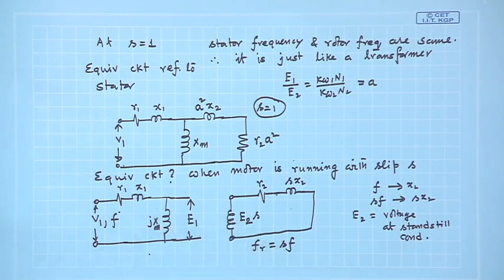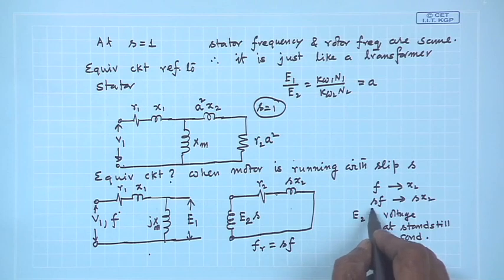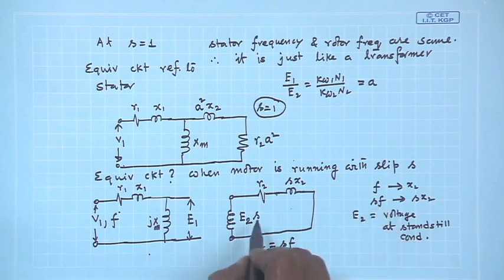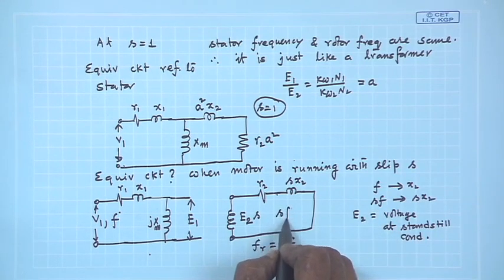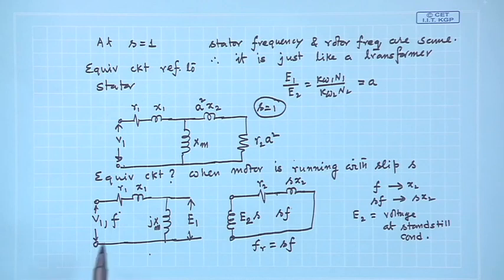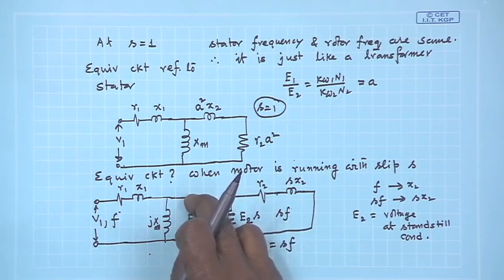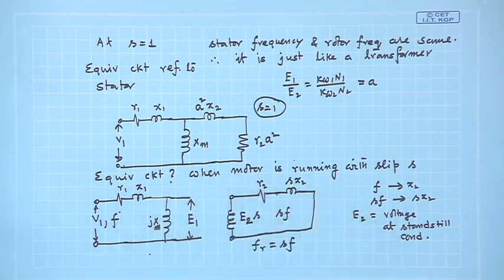Also, the frequency of that current and voltage is S f, and the secondary voltage by primary voltage is no longer a constant a.